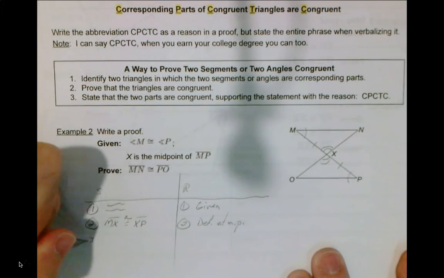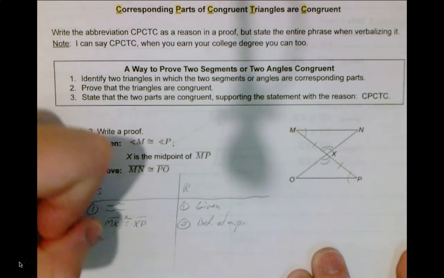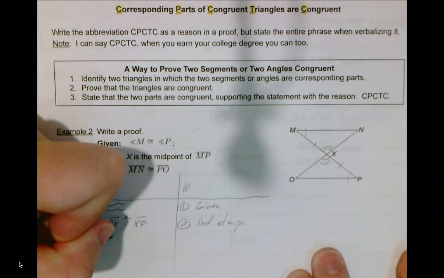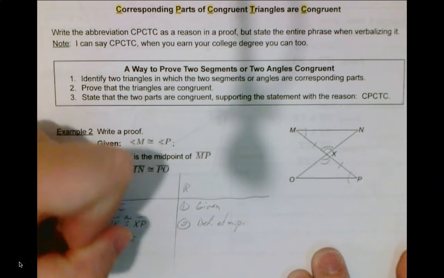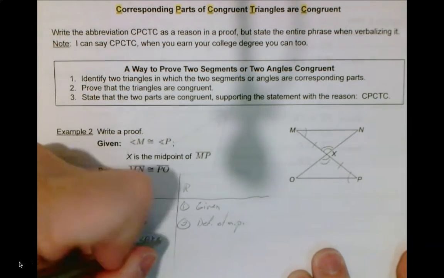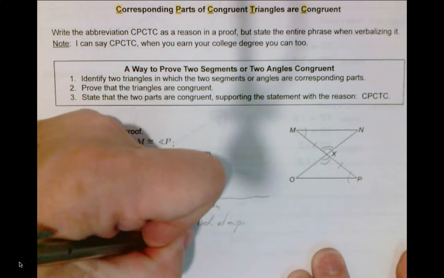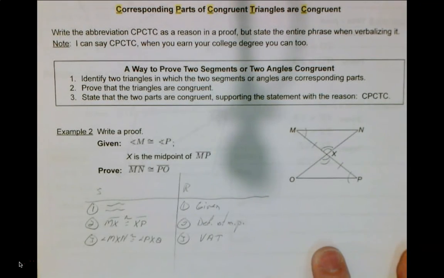Statement 3 was to talk about this pair of vertical angles. So angle MXN is congruent to angle PXO by the vertical angles theorem. I'm abbreviating that VAT.